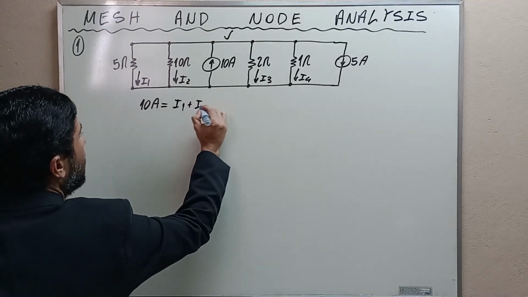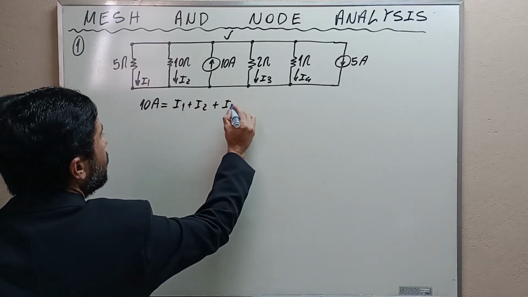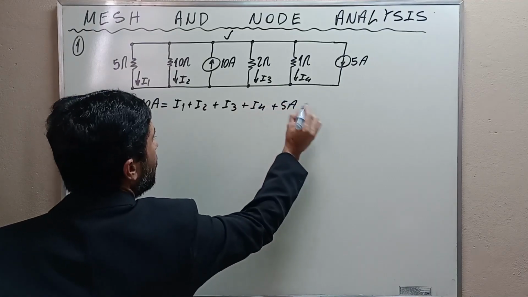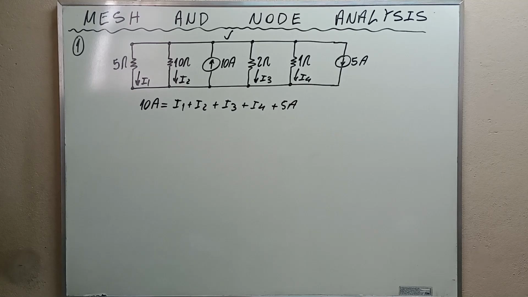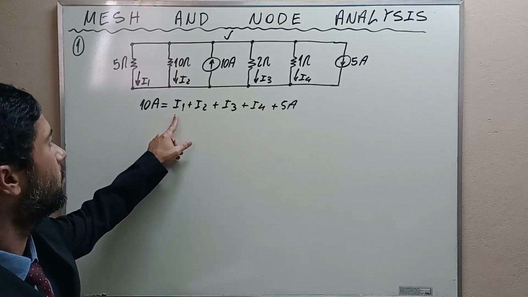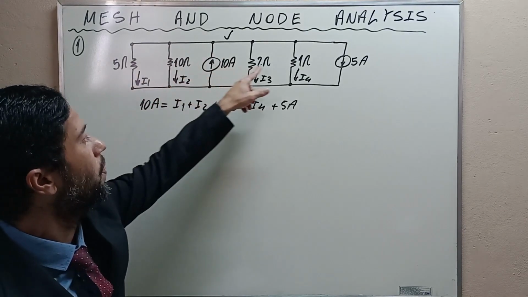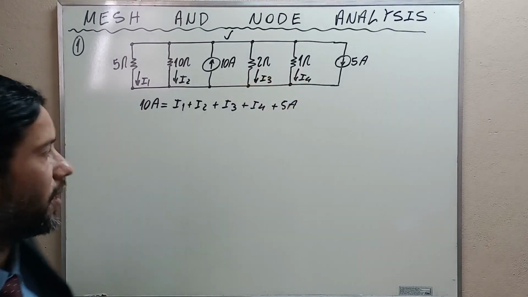I1 plus I2 plus I3 plus I4 plus 5 amps. Okay, my friends? Now that we have understood the currents that enter and leave the node, we are going to use Ohm's law to write the currents in terms of this voltage and each of the resistances, okay?